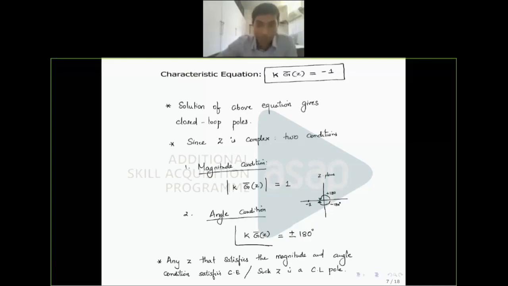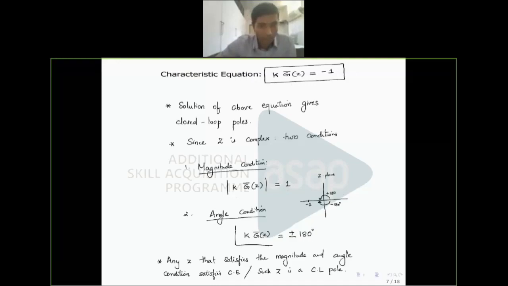And what about the angle? The angle can be either plus 180 or minus 180 degrees, because it denotes the minus 1 point in the z plane. So the characteristic equation kg bar equal to minus 1 can be put in two conditions: the magnitude condition, magnitude of kg bar is equal to 1, and the angle condition, angle of kg bar is equal to plus or minus 180.